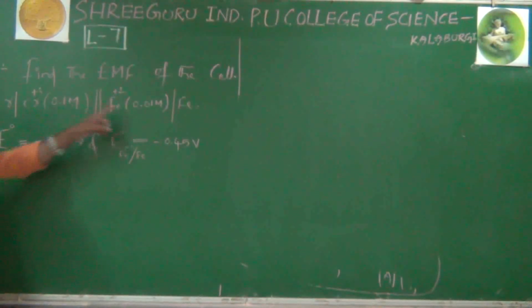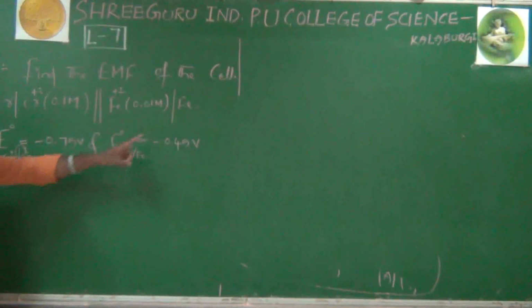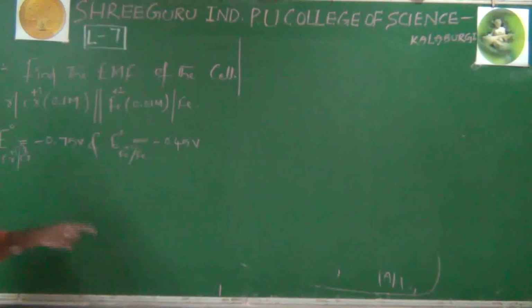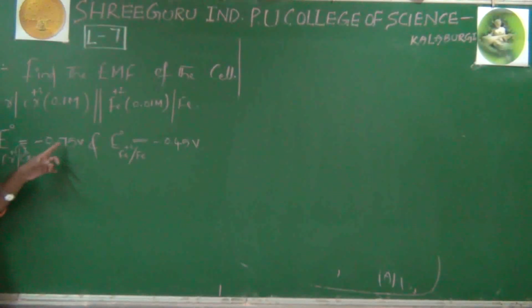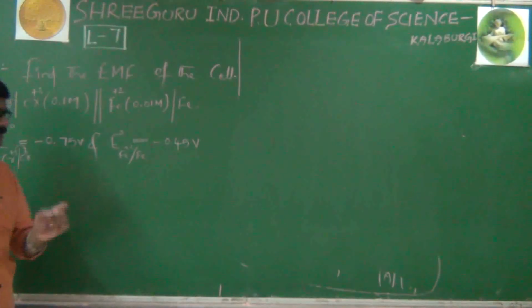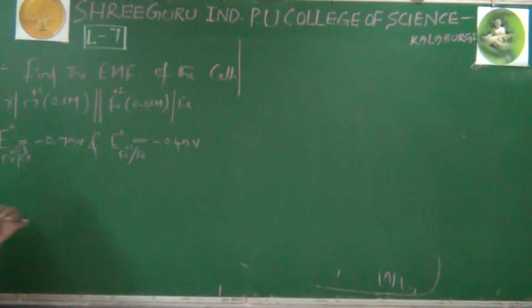That's why when both are connected to each other, being more SRP, iron undergoes reduction and acts as cathode, and being less SRP, chromium undergoes oxidation and acts as anode. First our job is this entire cell related net cell reaction we have to write.